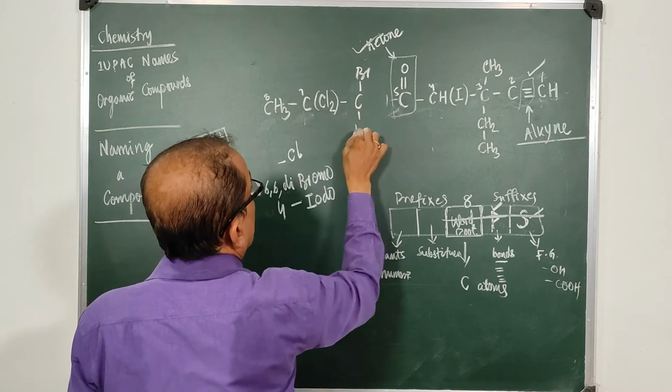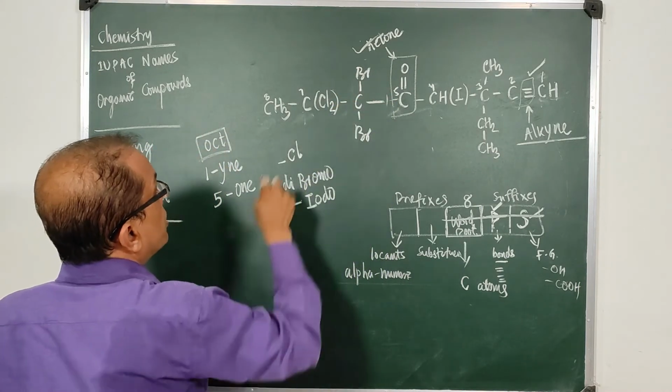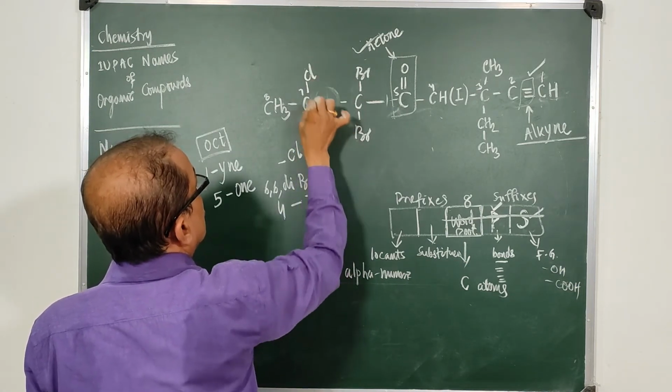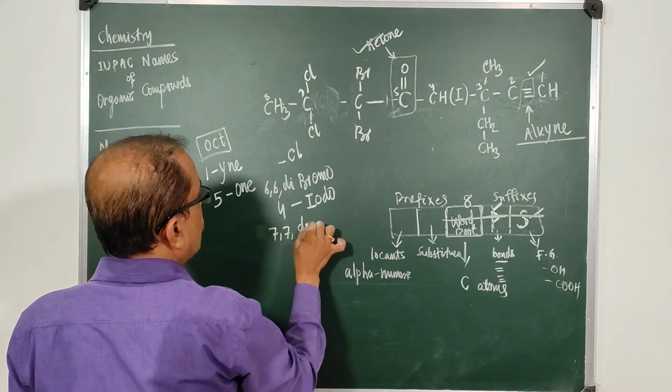This can also be written as 7,7-dichloro.